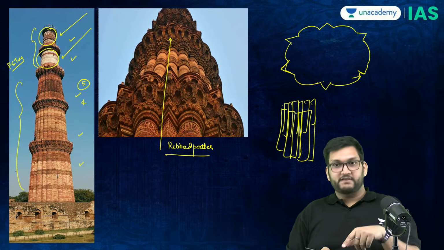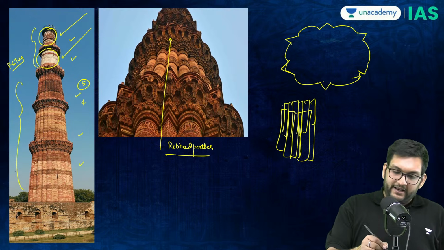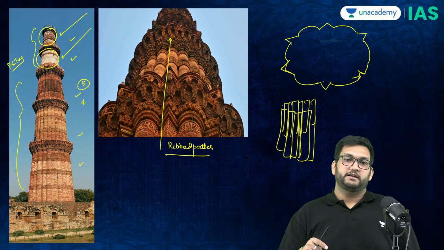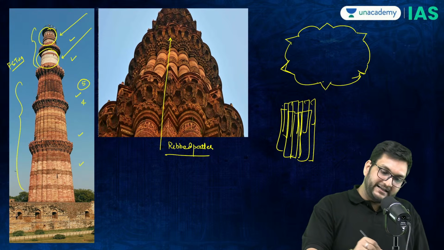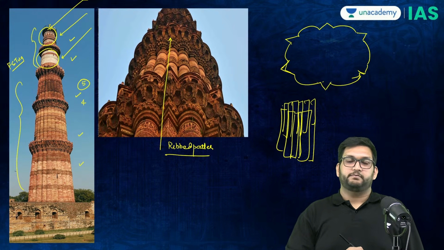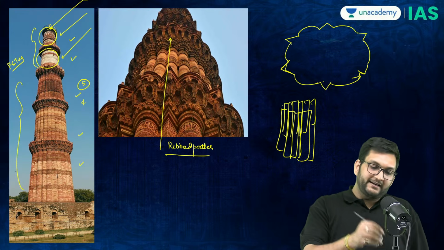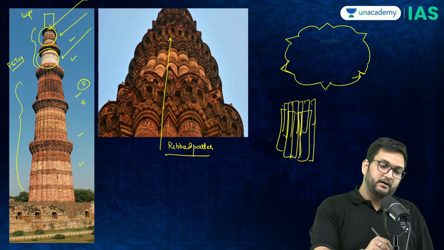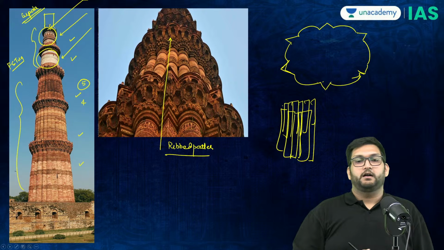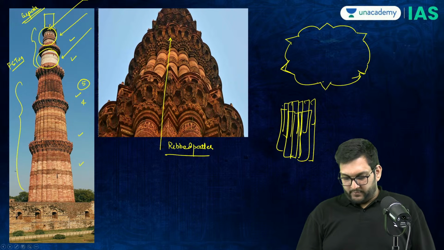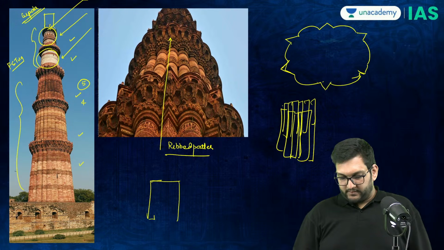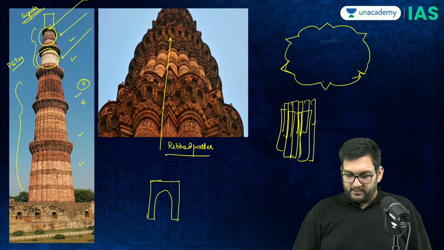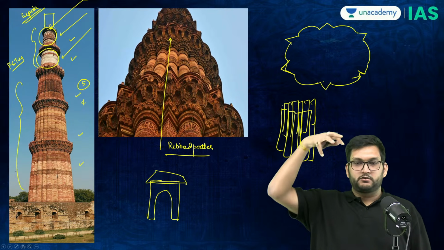But what is even more interesting is that during the colonial period there was a lightning strike again on this structure, and a sixth element was added here. It's called a cupola. It's a very British type of small topping element.